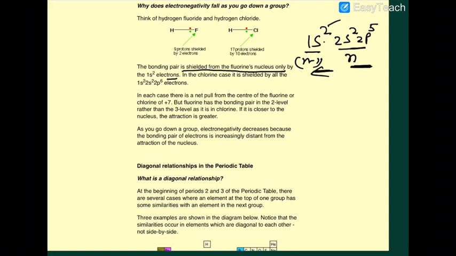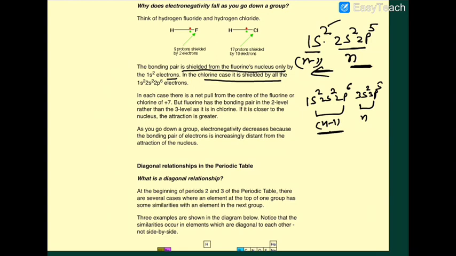But if we consider the case of chlorine, this is the nth shell, this is the n minus 1th shell, this is the n minus 2 shell. So here the number of inner electrons is more. In chlorine, it is shielded by all 10 electrons, that is 1s2, 2s2, 2p6. But in fluorine, it is shielded by only 1s2.